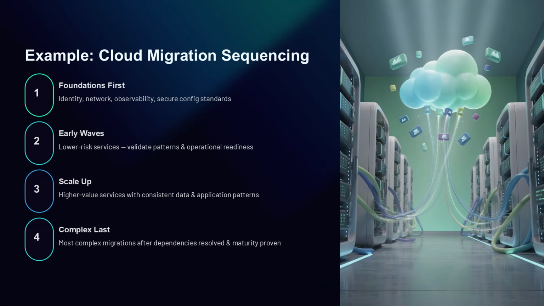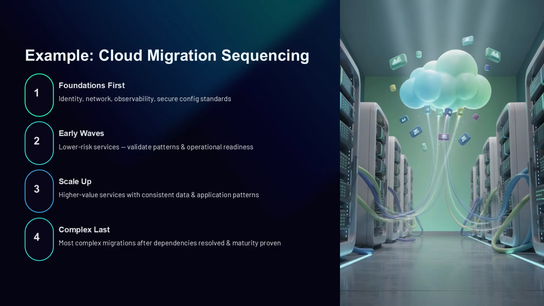With metrics in mind, imagine you are sequencing a cloud migration across multiple business units. Your plan begins with foundations such as identity and access direction, network segmentation patterns, observability baselines, and secure configuration standards. You then run early migration waves on lower risk services to validate patterns and operational readiness.